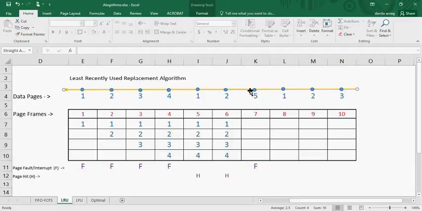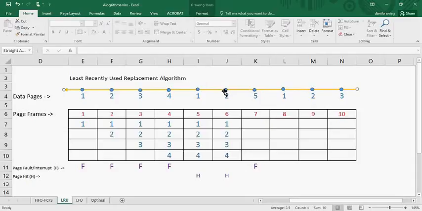So we're looking at number 5 here. Starting at its next adjacent number to the left, we got 2. The algorithm's nomenclature is least recently used, so we're going to find out what is the least recently used page. Currently we have 1, 2, 3, 4. Since we're loading 5, we're going to start from here and work our way to the left.